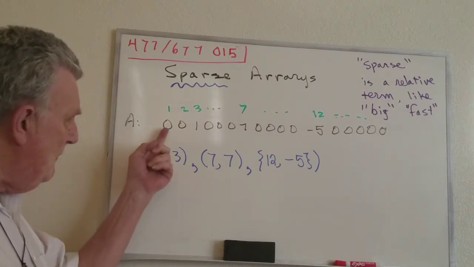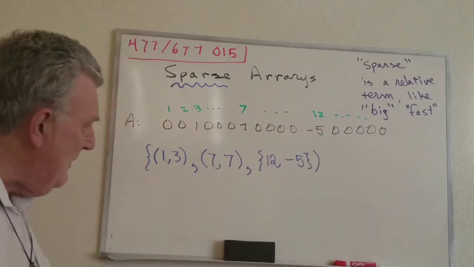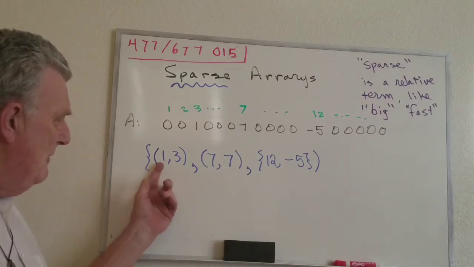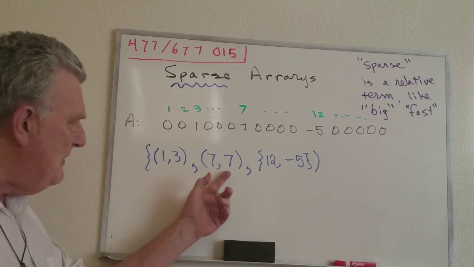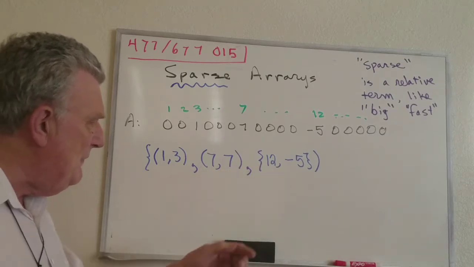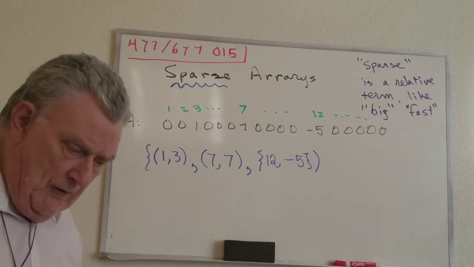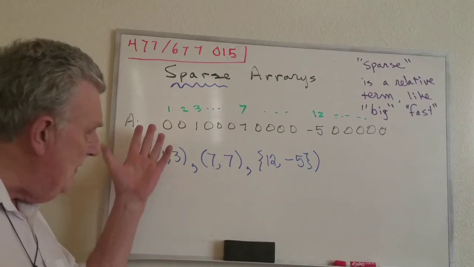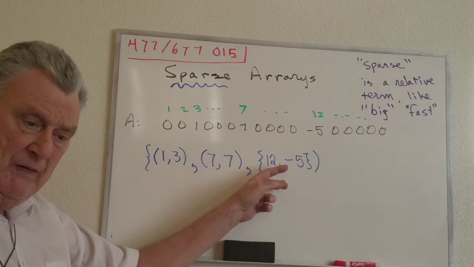You could store this array as a regular array. On the other hand, maybe it would be faster to store it like this. Just remember that A of 1 is 3, A of 7 is 7, A of 12 is -5, and then you simply have the rule that all others are 0. Now, if n is large enough, that could actually save space.